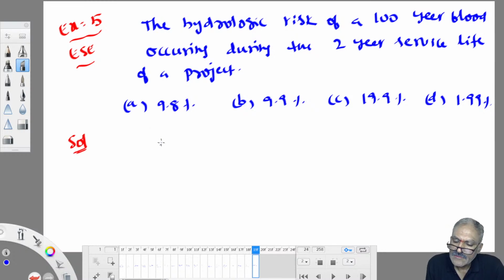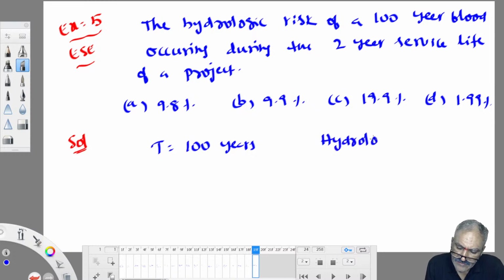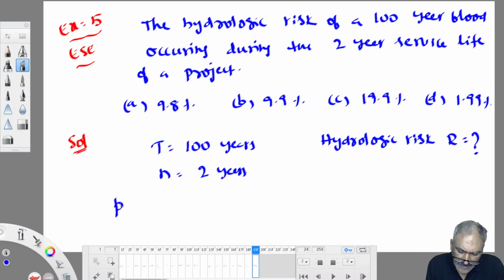So what is given? 100-year flood. That means T is given as 100 years. Return period is 100 years. And you have been asked to find out hydrologic risk or simply risk. What is service life? 2 years. Come on, if T is known, can't you work out P?